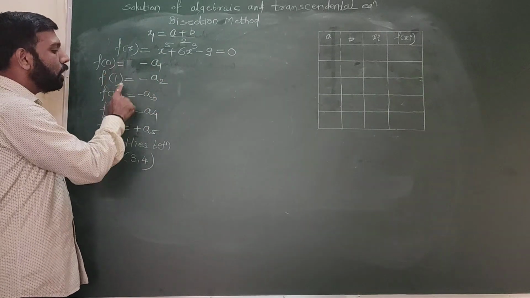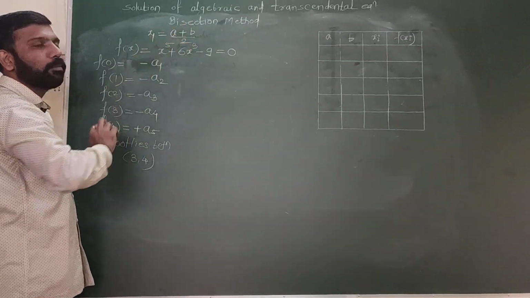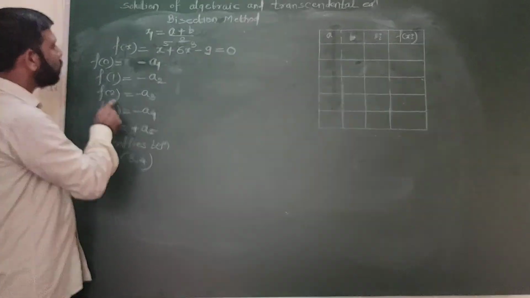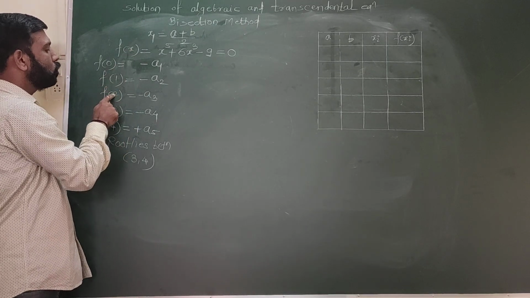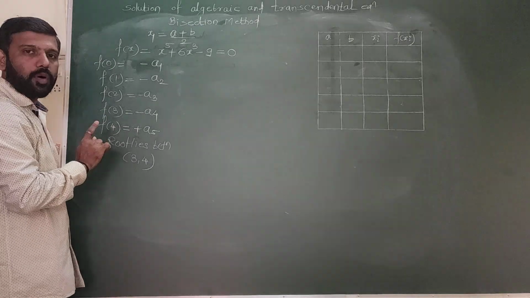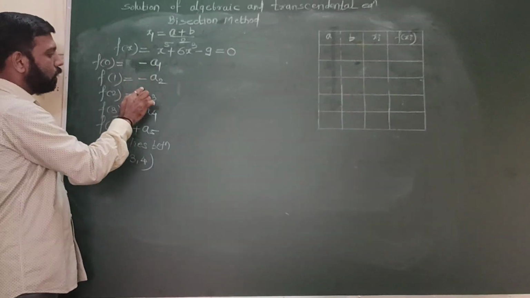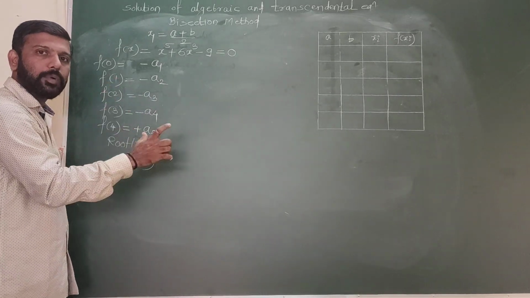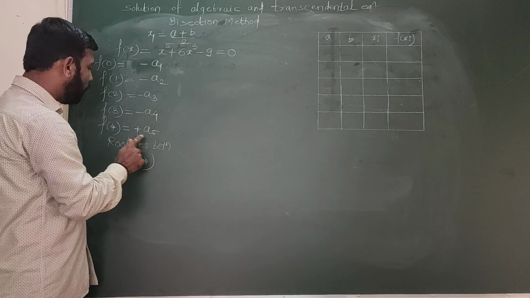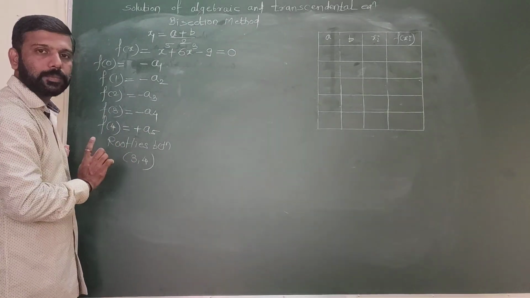This procedure we will complete for every polynomial, and the procedure is the same in the bisection method. What is that procedure? Initially substitute 0, 1, 2, 3, 4, 5, and so on. When we get opposite signs, minus, minus, minus 2 plus, we will stop our procedure and claim here the root interval is 3, 4.